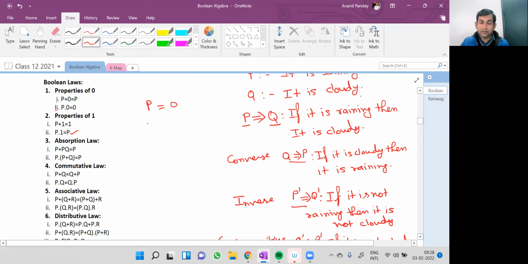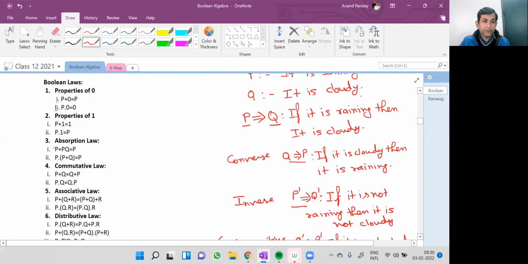Right? So P is 0. The 0 plus 1 will be what? 1. Okay. So please remember this. आगे discuss नहीं करते, confusion create होगी. So P plus 1 will be 1. P dot 1 will be P. Please keep in mind.